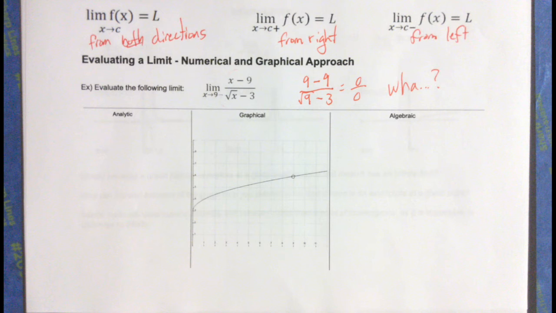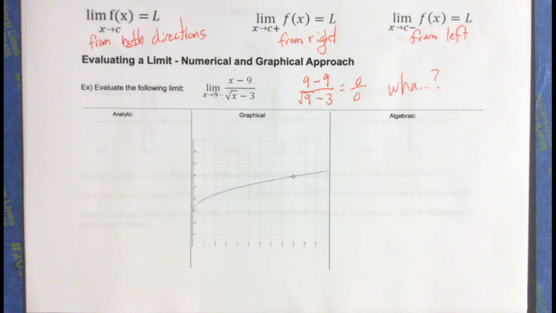I'm actually going to double check that when I do it algebraically here in a second. It's weird when you do it algebraically, so I have some tips for that. And anyway, the value of this function is not 6, right? Because if you plug in a 9, you're going to get 0 over 0. How did you get 6 from that?